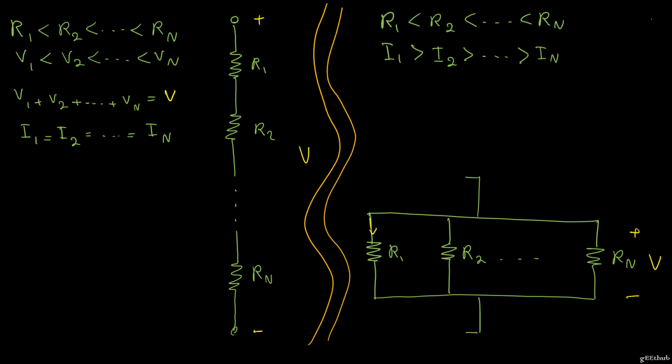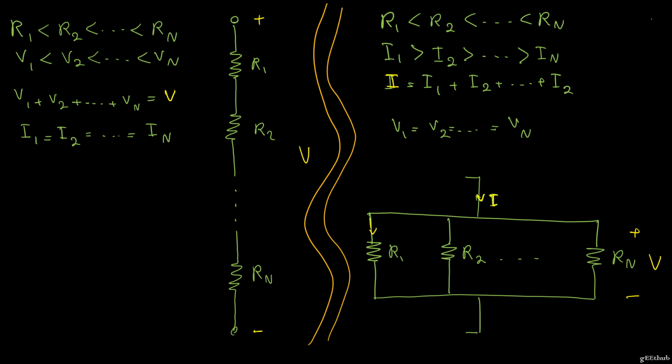And again, since they're sharing the same node, my voltage is going to be the same across all of them. My overall current I provided to the circuit is equal to the addition of all these individual currents.